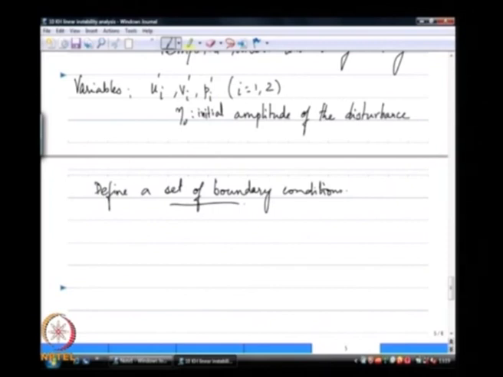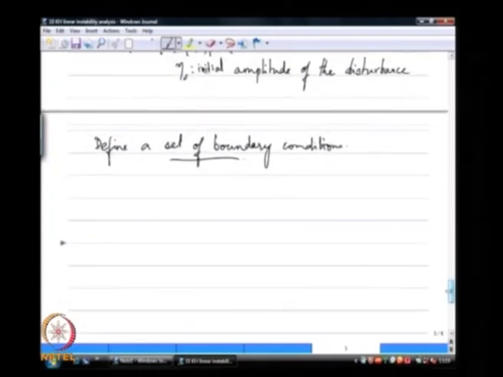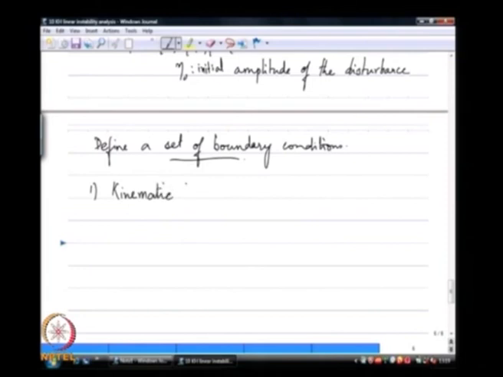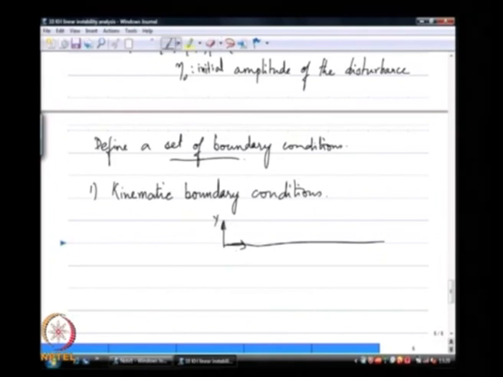The first set of boundary conditions is what we will call kinematic boundary conditions. So, let us quickly see what that is. I will redraw our sketch from the earlier page here.